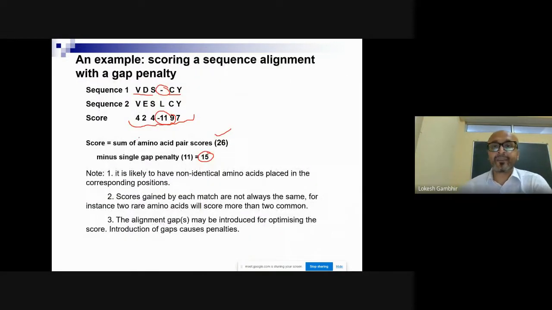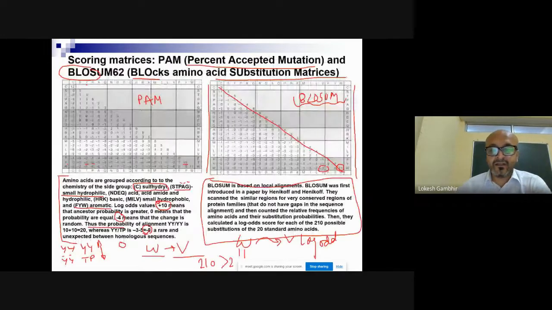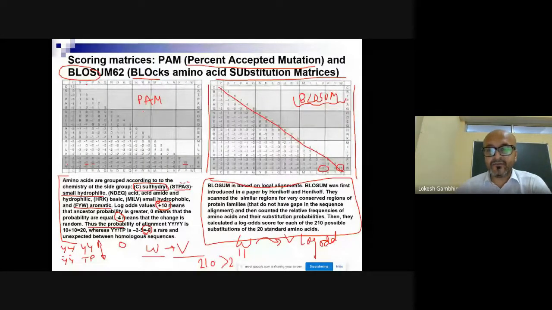So let us see with an example. I have a sequence here, and I have a sequence here. I'm matching these two, and there is a single gap that we have incorporated. Matching valine with valine gives you a score of 4.